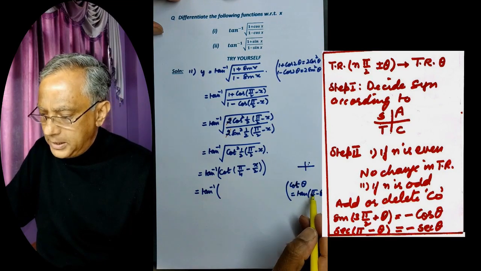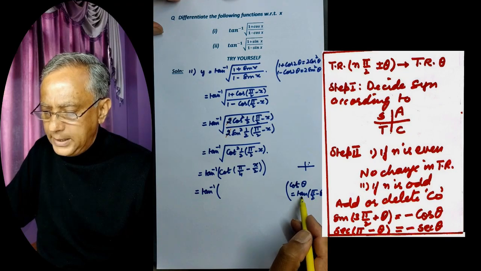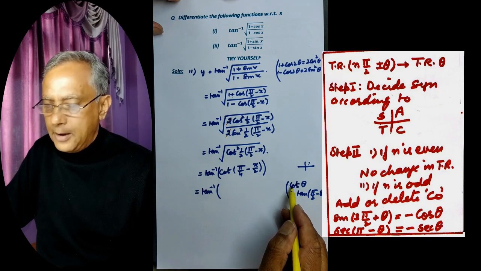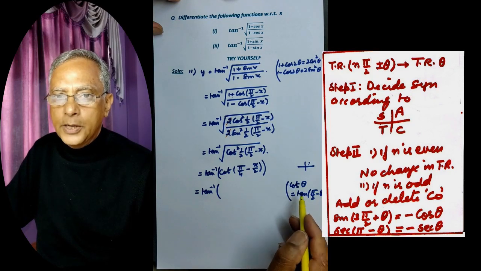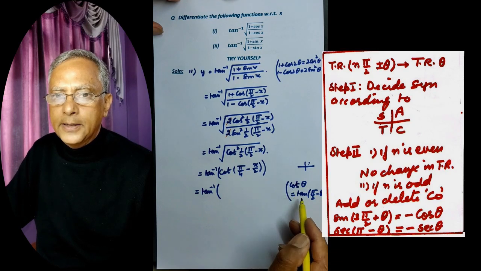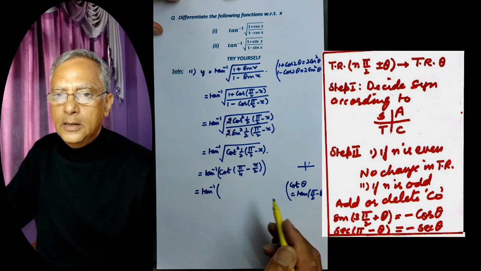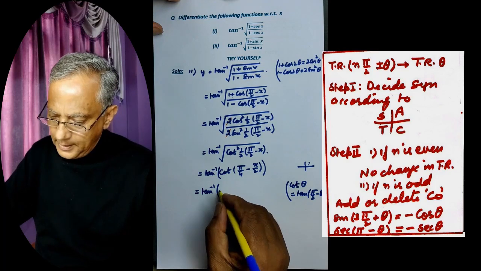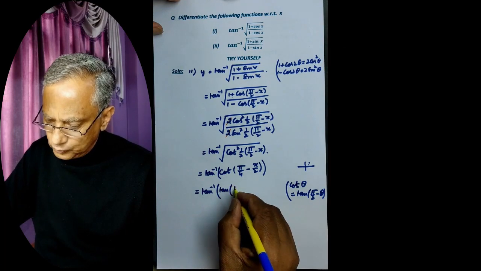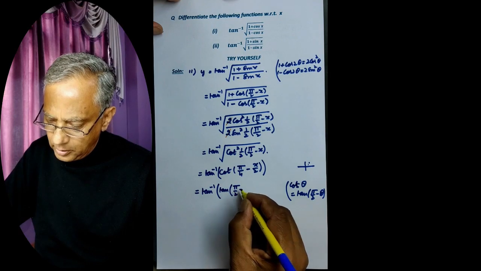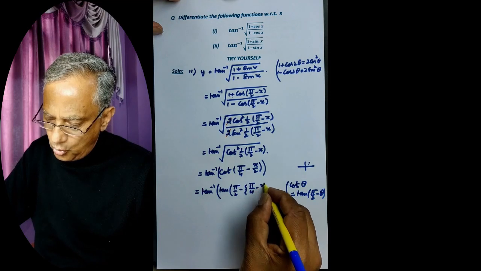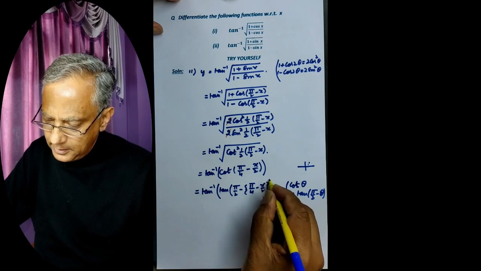And we have odd multiple of pi by 2 into 1, so we will attach or delete co. Cotangent will become tangent, tangent will become cotangent. Secant will become cosecant, cosecant will become secant. I have told this rule earlier. This can be written as tangent of pi by 2 minus pi by 4 minus x by 2.